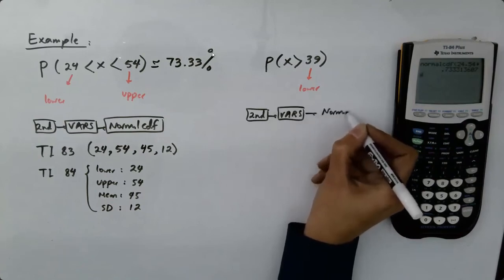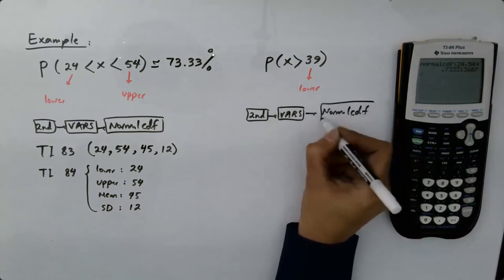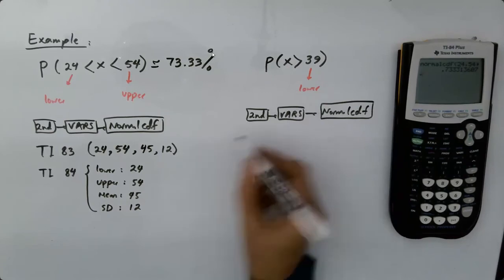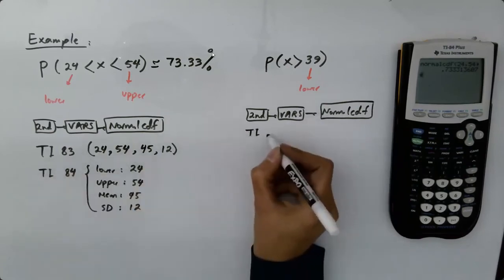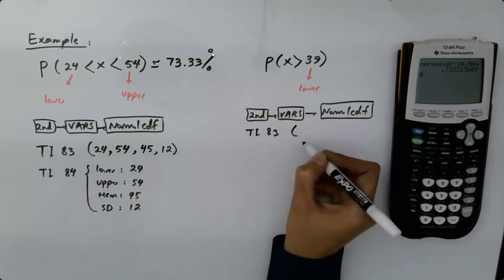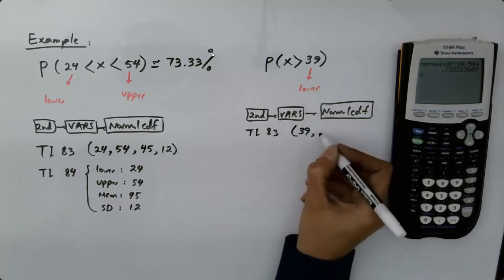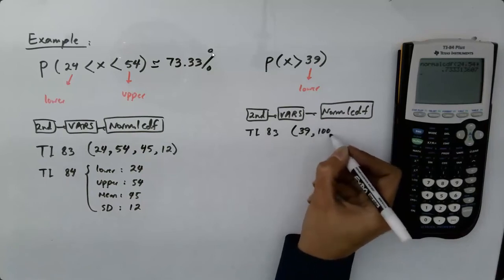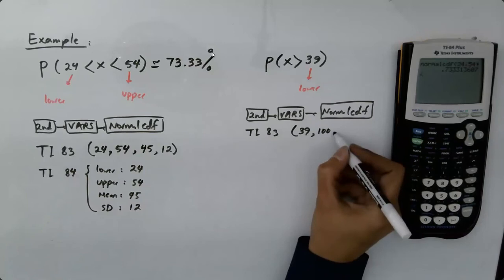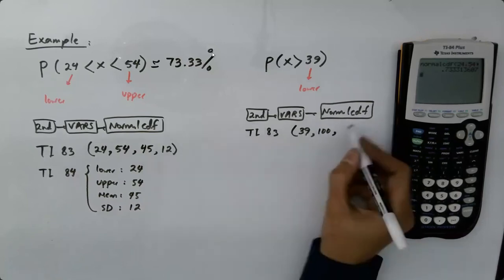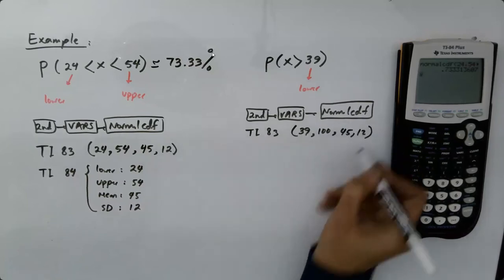Second VARS, normal CDF. If you're using TI-83, just use your lower limit, which is 39. For the upper limit, use a large positive number, like 100 or 1,000, comma, mean is 45 minutes, and standard deviation is 12.